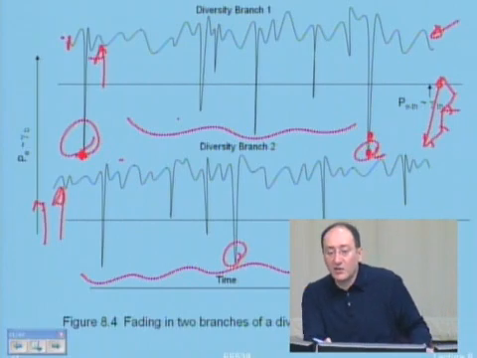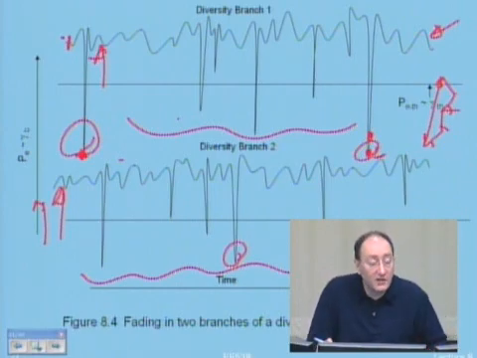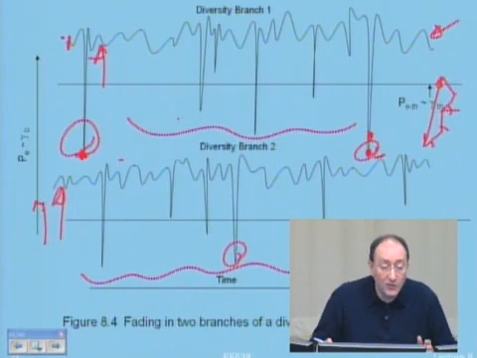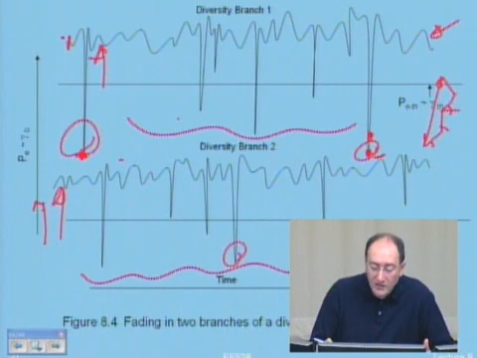This is key to the understanding of many concepts which people have applied to improve performance over fading channels. Basically, what you're trying to do is provide diversity.